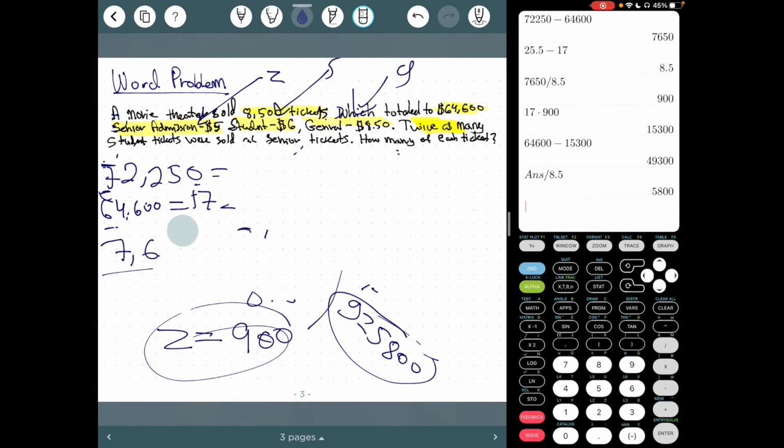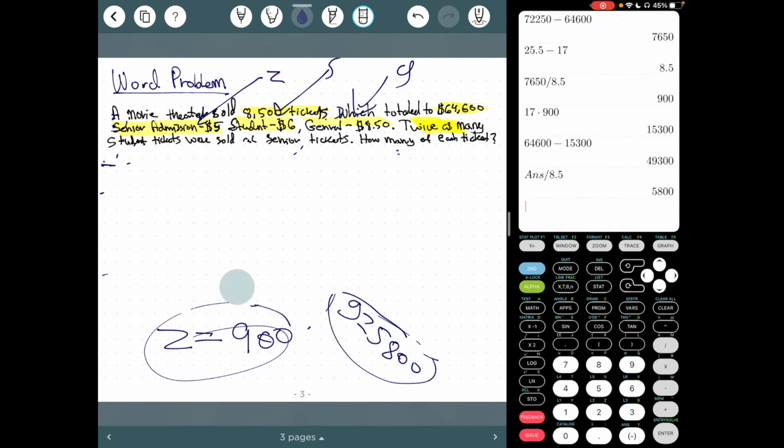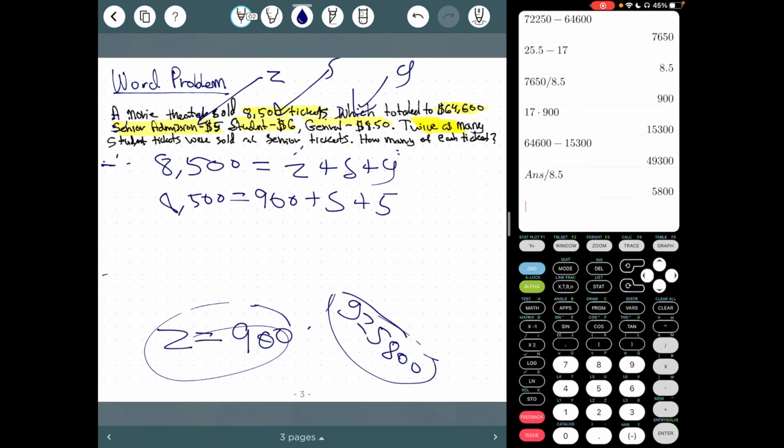And now we still have to find the student tickets. So the amount of student tickets would just be, we can just plug in the variables into our initial equation. We can take the simple one, which was 8,500 equals z plus s plus g. So 8,500 equals 900 plus S plus 5,800.